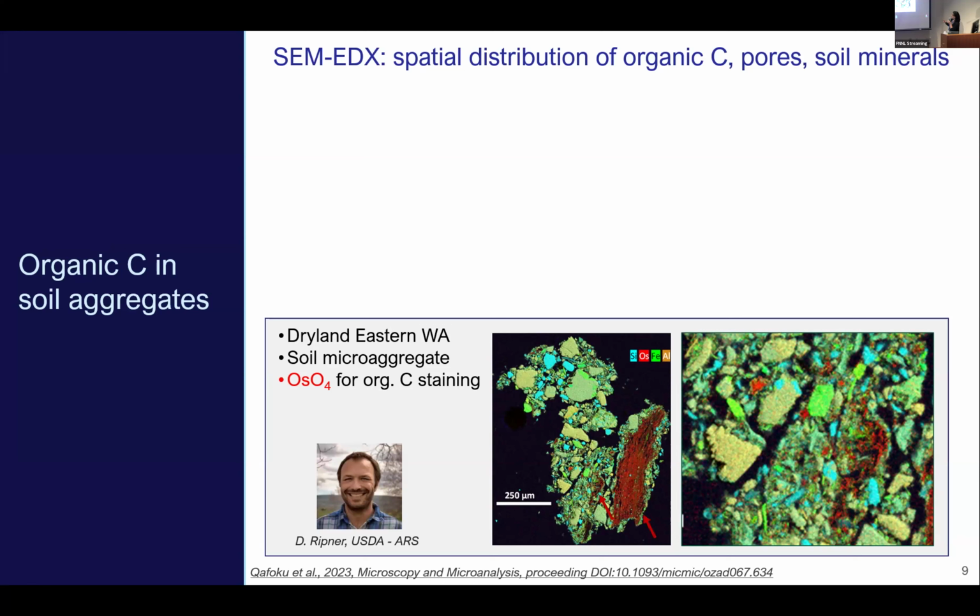You can see now, again, the signal in the red that is organic carbon, organic matter, some form of decomposition. This sample was stained with osmium gas instead of iodine gas. Again, osmium here is in red, used as a proxy for the organic carbon. You can see not only the larger organic matter decomposed in some form, but you can see some smaller contributions of organic carbon throughout this aggregate.